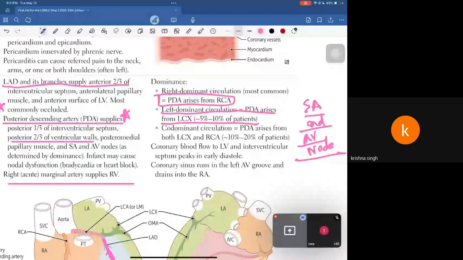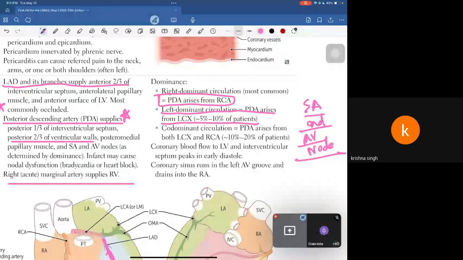So now, I told you that the posterior descending artery supplies the SA node and AV node, right? Which kind of heart attack will most commonly lead to bradycardia? Anyone? Yes, exactly. Why?